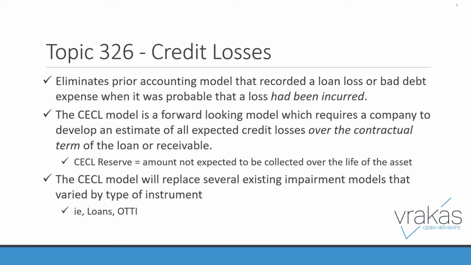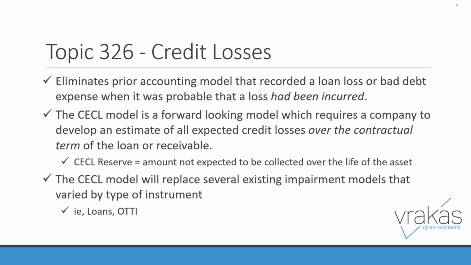So it's going to eliminate our prior loss model, which was an incurred loss model where you recognize losses when you thought that a loss was probable, which is a pretty high threshold, right? You have to be pretty sure that it was going to be a loss to be probable, and that's when you recognize the loss. The CECL model is a forward-looking model. It will require you to develop an estimate of credit losses that you expect to incur over the contractual period of the asset.